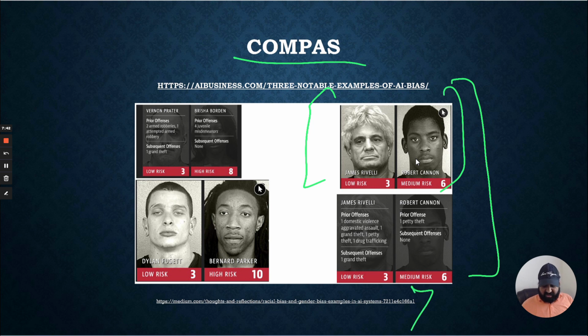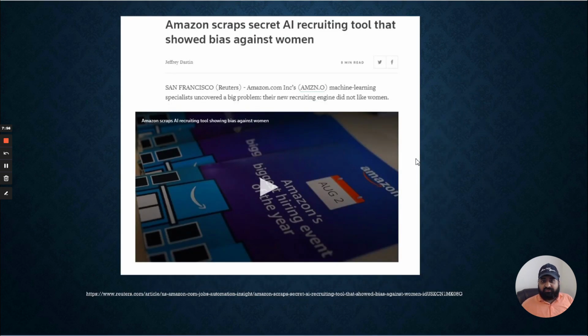You can read the article right here, and we need to have discussions on whether such a system is ethical or not, and whether it can be used. So we need to be really careful when designing such systems. Another example was an AI recruiting tool that was created by Amazon. It was showing biases against a certain minority group, or women.